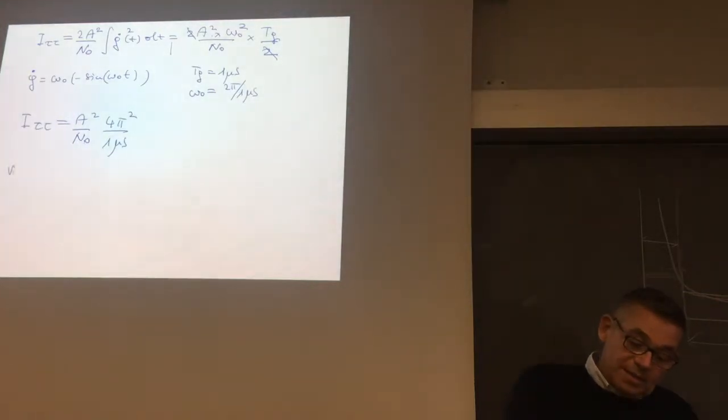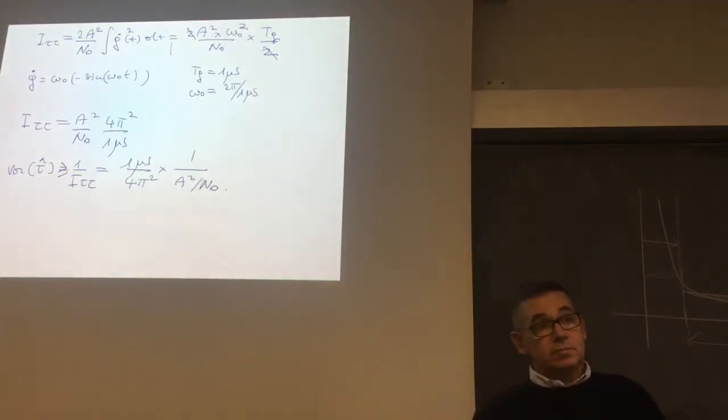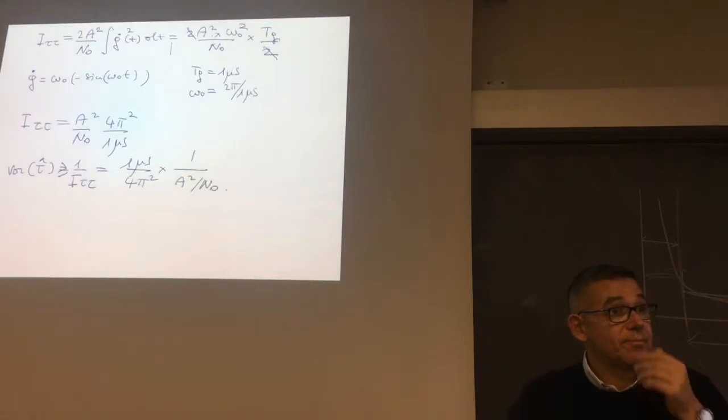So the variance on tau hat is the inverse, which is equal to 1 microsecond divided by 4 pi squared multiplied by 1 over a squared divided by n0. That's the result.